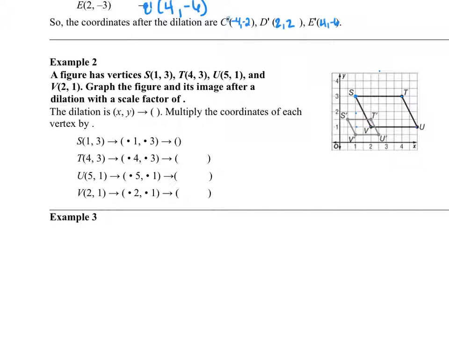Graph the figure and its image after a dilation with a scale factor of blank. It didn't keep the number, so what is the number on y'all's? 1/2?